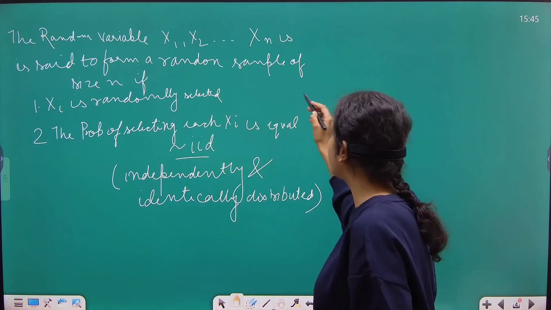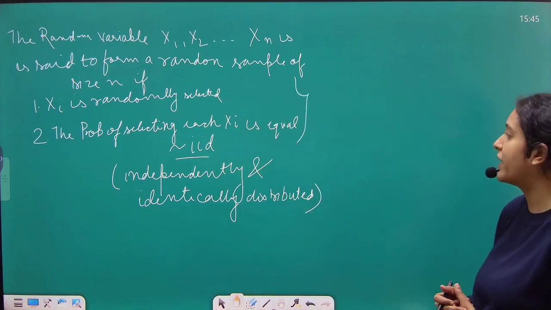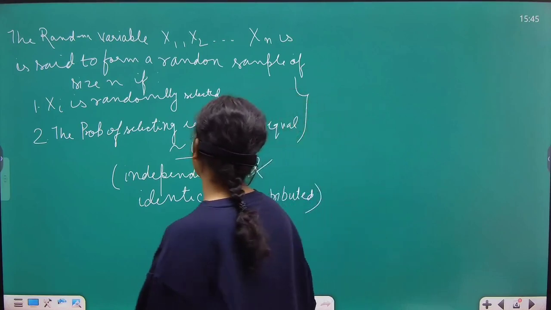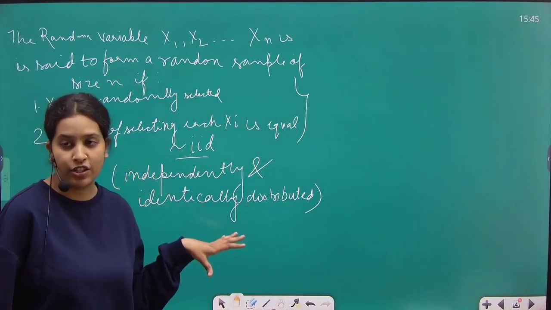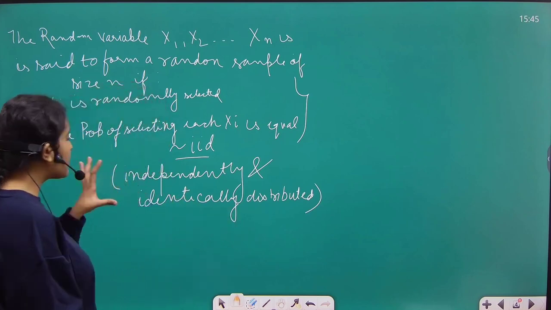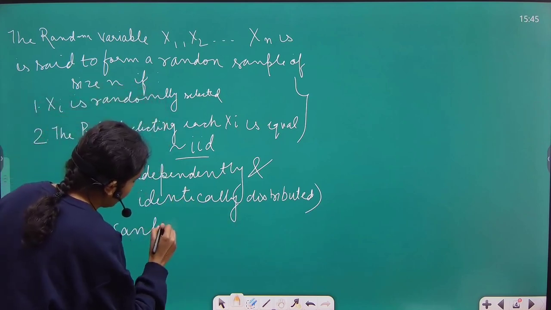If a random sampling satisfies these two things, it is randomly selected and the probability of selecting xi is the same, then in short it is called independent and identically distributed, and this condition is satisfied only when sampling is done without replacement.